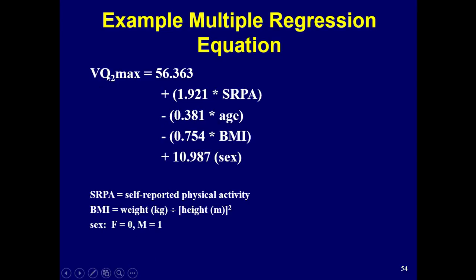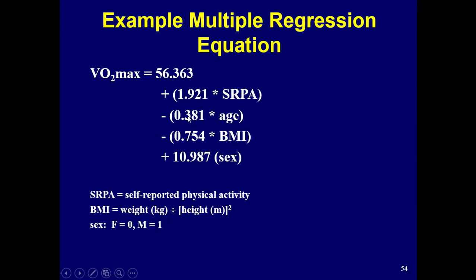In this case, we're predicting someone's VO2 max, and we're going to use 1, 2, 3, 4 different X variables or predictor variables. One of them is how much self-reported physical activity you have. Another is your body weight and height, your BMI. Persons with a higher BMI, by the way, notice the negative here, will have a lower VO2 max. People that are older will have a lower VO2 max.